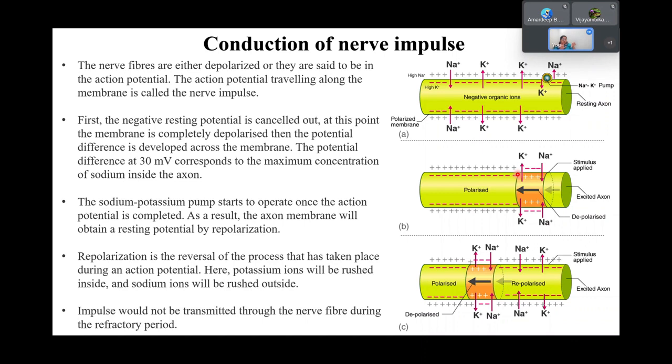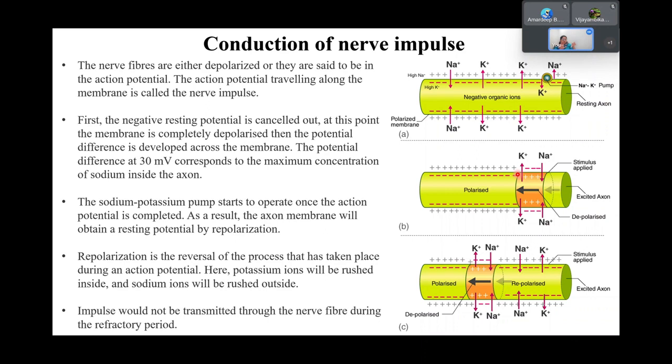Now what will happen? The potassium pump will start to operate and this will then be propagated. As and when this happens, the adjacent membrane opens up and starts doing the same activity. The polarization changes, the pump gets activated, they start taking in.